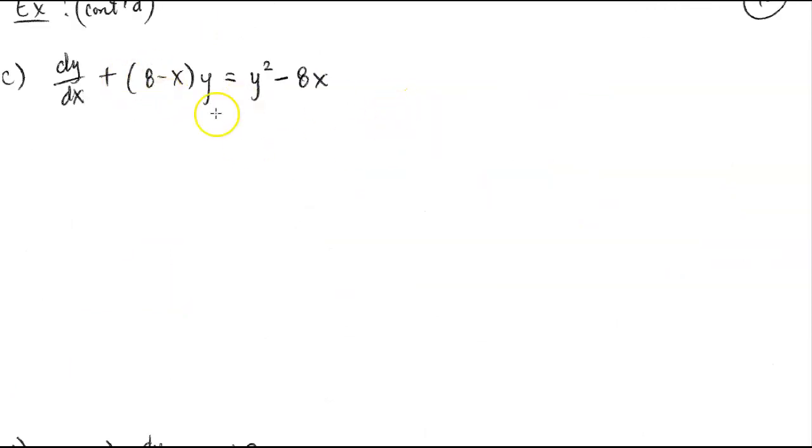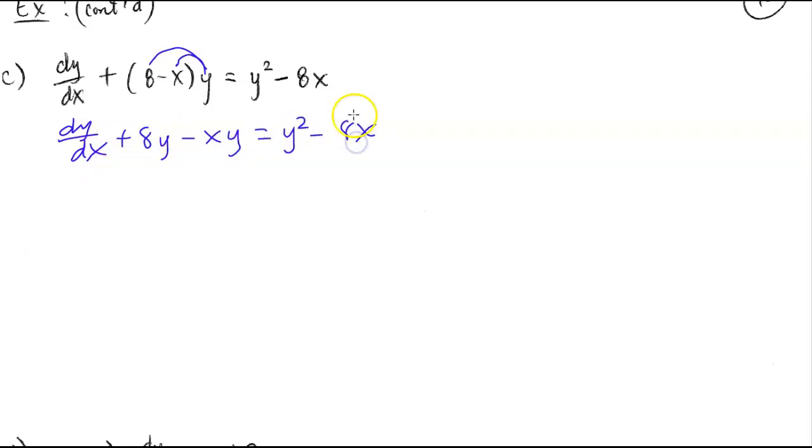All right, so let's work this example live. So the first thing that we want to do is rearrange this particular differential equation to where we just have dy over dx is equal to. So first thing that we want to do is distribute here. So this would be plus 8y minus xy equals y squared minus 8x.